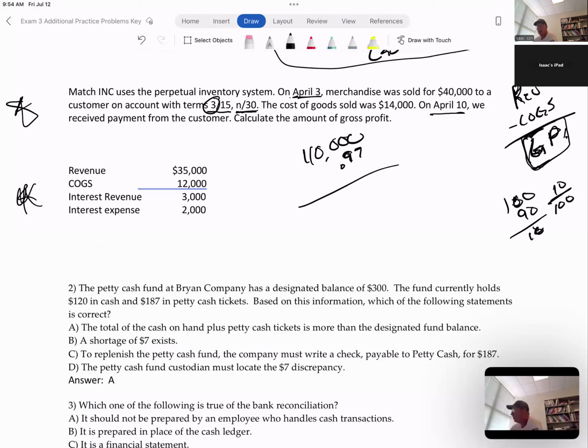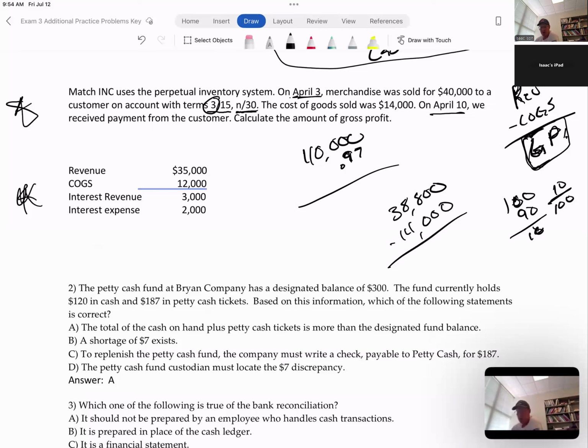We'll just do that math real quick: 0.97 multiplied by 40,000. So we're actually only getting sales revenue of 38,800. And then our cost of goods sold is 14,000.